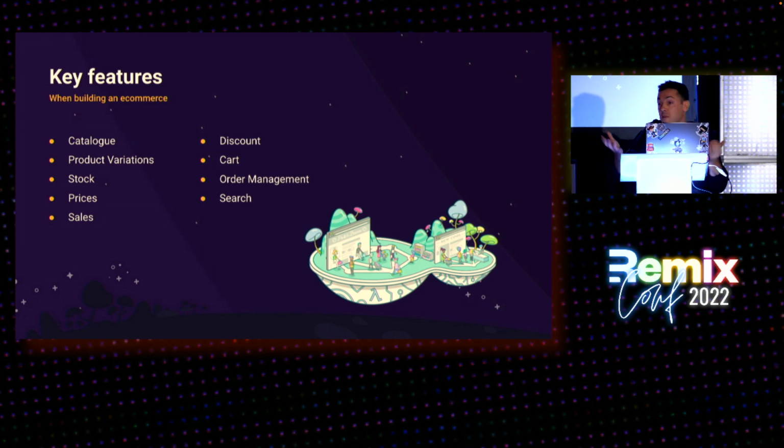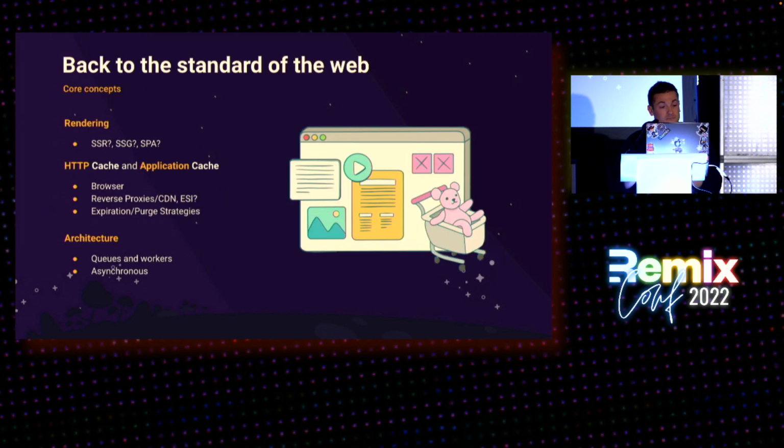If you just think about stock management, every time someone places an order, you need to update something because it has to be updated on the catalog. You want to show the stock that is available on your catalog. So you need something highly dynamic.